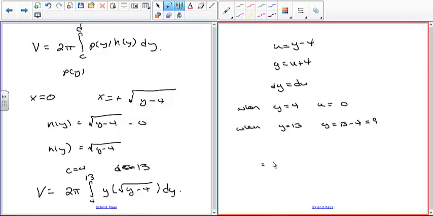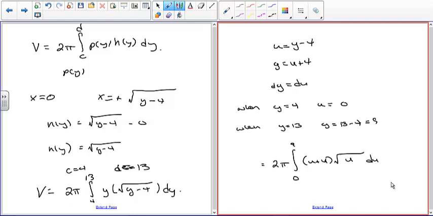So the integral would become 2 pi times the integral from 0 to 9 of, for y we put in u plus 4, and for the square root of y minus 4 we put in u, and then you have du. Then you'd multiply it out, so you'd get u to the 3 halves plus 4 times u to the 1 half, and then you'd integrate it, and then you'd use the u limits.